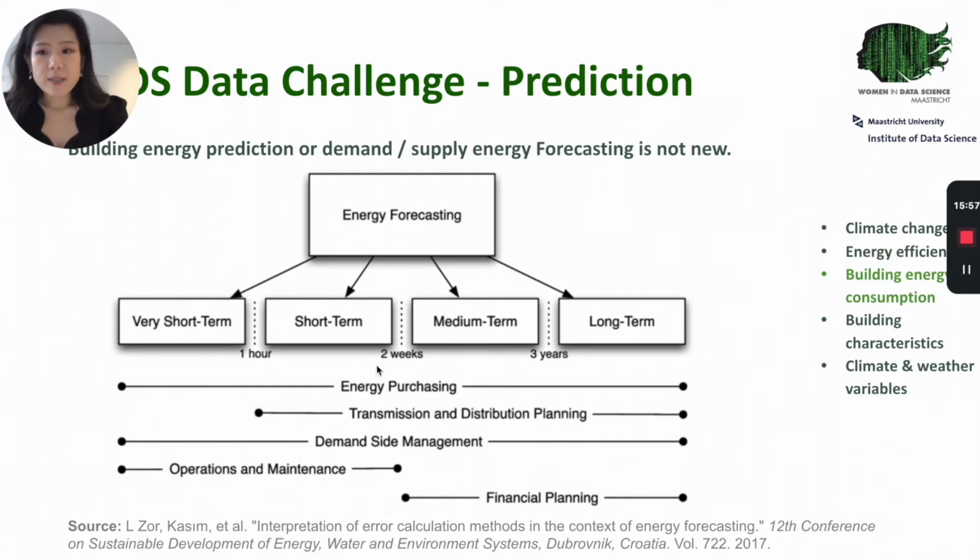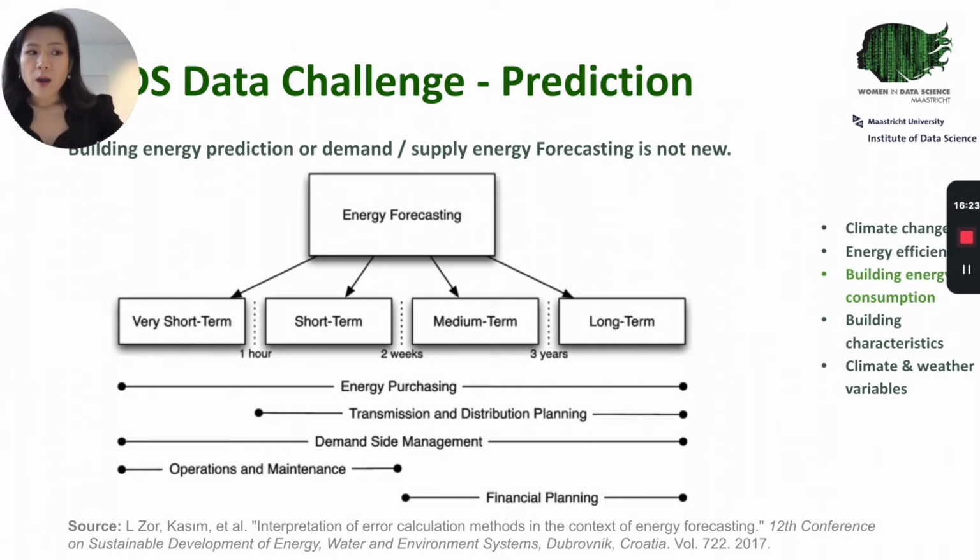So our Datathon is in this medium term, because the data we got is 6 years of building energy consumption, and then we want to predict the 7th year, so 1 year later, which is between 2 weeks and 3 years. So that is medium term prediction. Different predictions emphasize different parts.